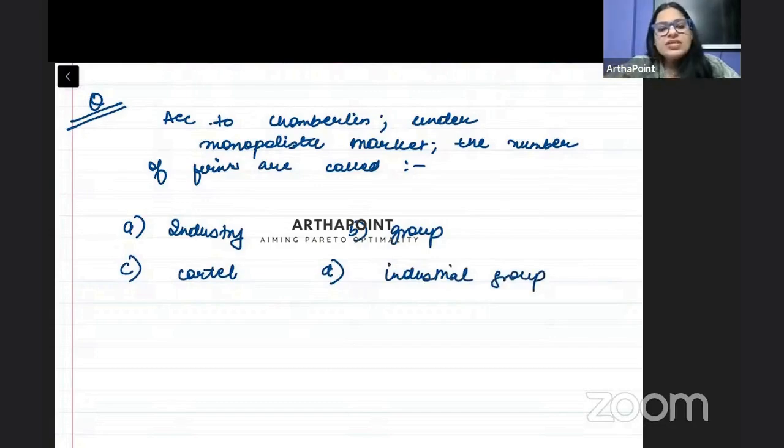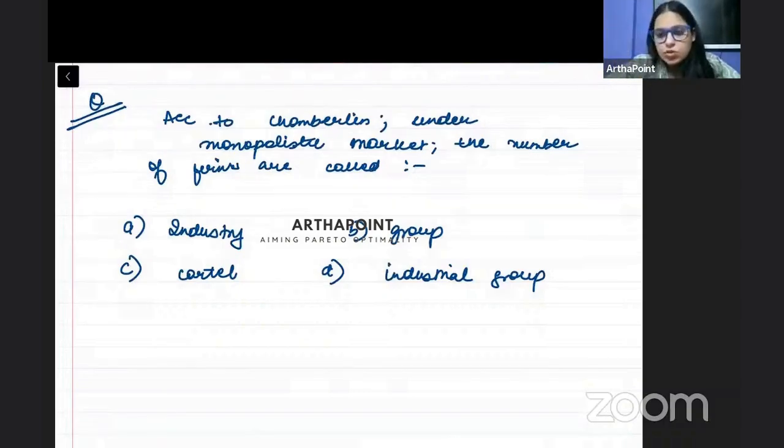तो Chamberlain ने सारे जो firms हैं market में उनको एक साथ जब रखा, when he said a group of firms or an industry of firms, तो उन्होंने क्या word exactly use किया? Did he use the word industry, group, cartel और industrial group? उन्होंने किस word को अपनी theory में use किया है?